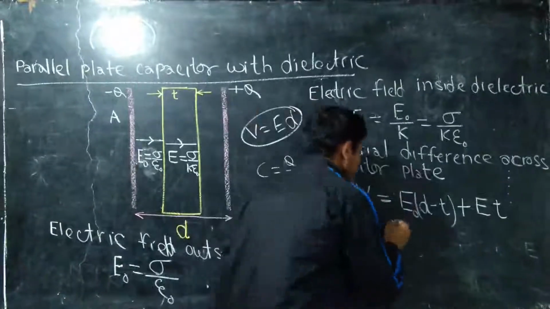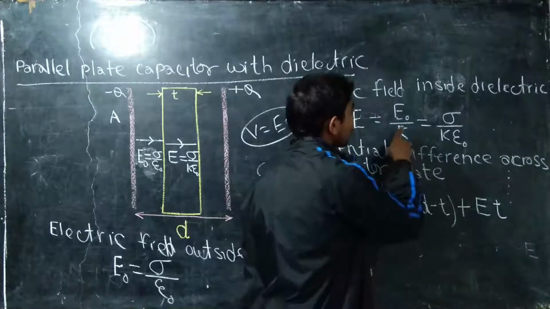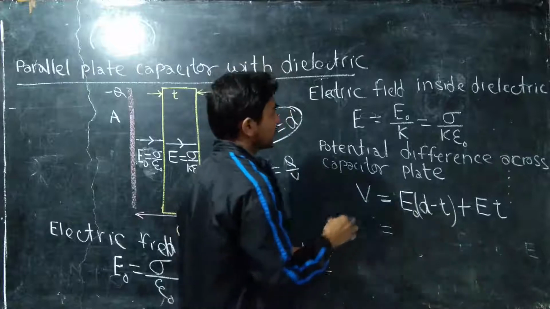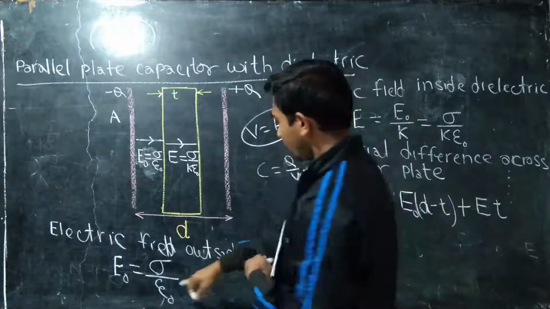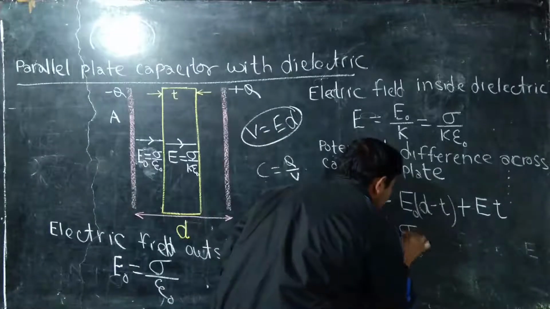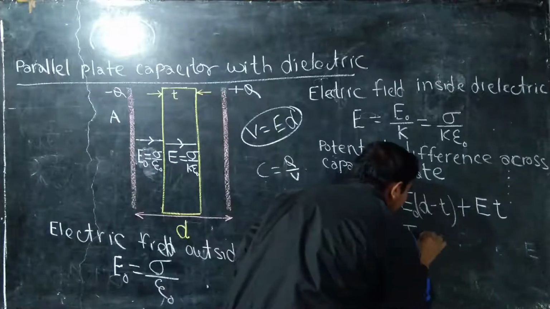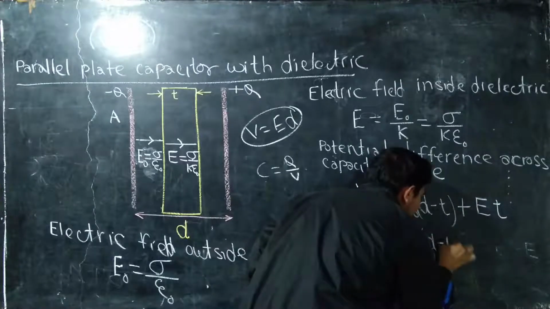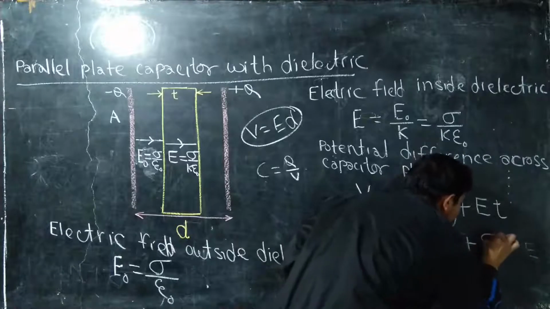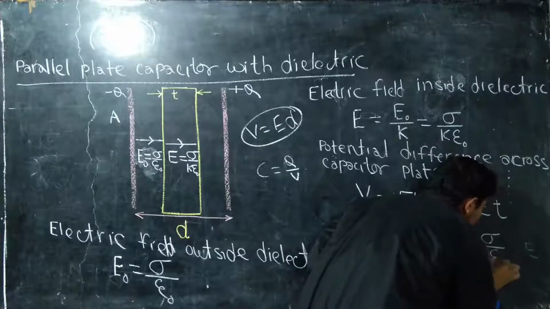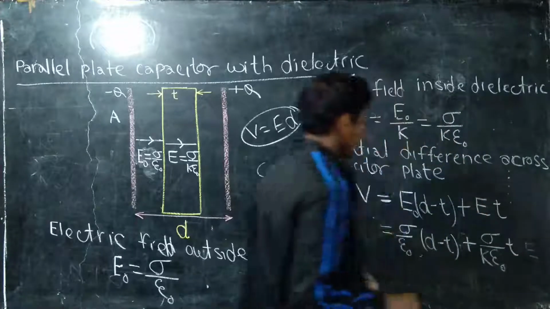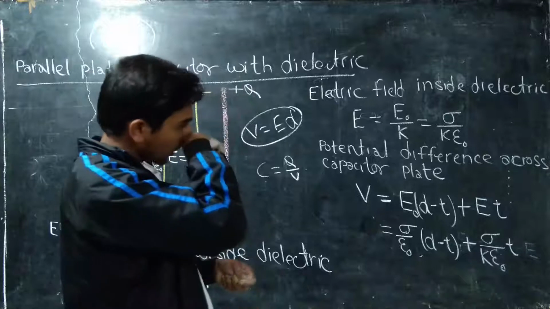So now I am going to substitute the values. E naught is known to you, this E naught is sigma by epsilon 0, so sigma by epsilon 0 into (D minus T), and this is also sigma by epsilon 0 into K into T, right? I hope everything is clear.